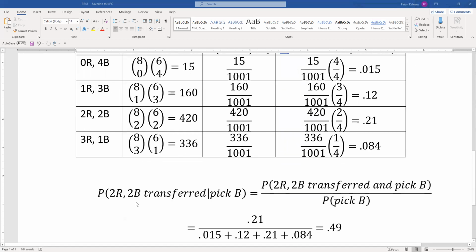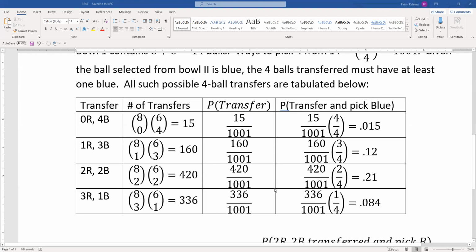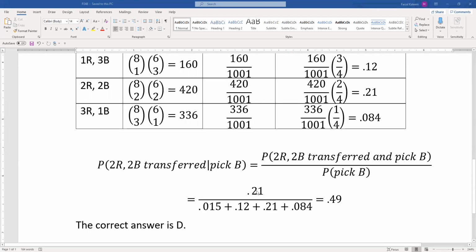So probability 2 red, 2 blue transferred, given that you pick blue, equals probability 2 red, 2 blue transferred and pick blue, divided by probability of picking blue. So 2 red, 2 blue transferred and pick blue is this row. 2 red, 2 blue were transferred and then you pick blue. So that's equal to 0.21 divided by probability of picking blue.